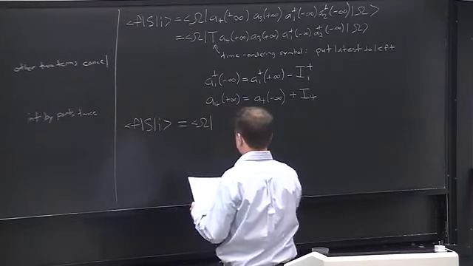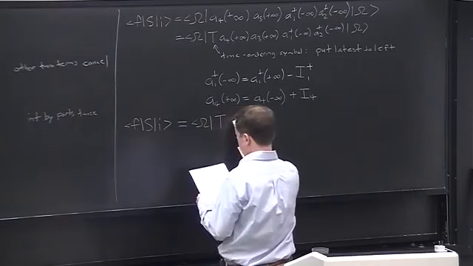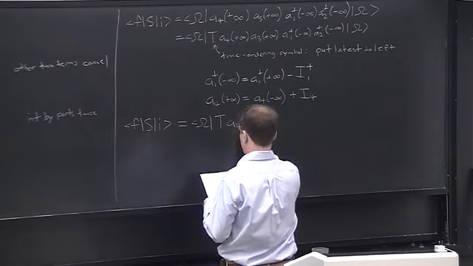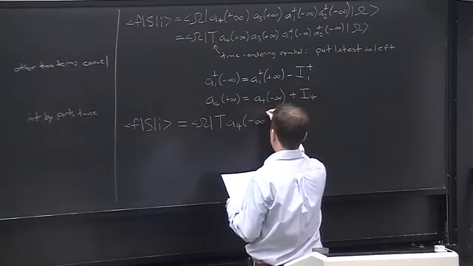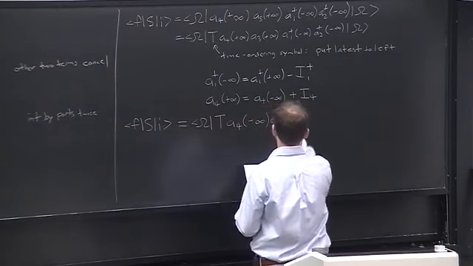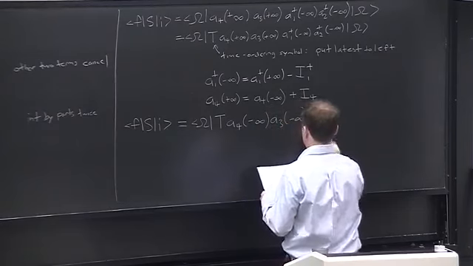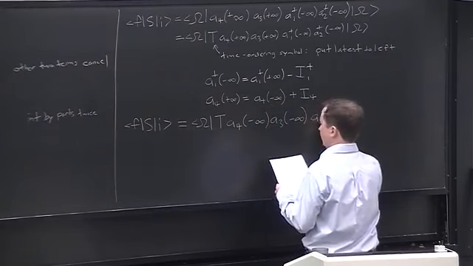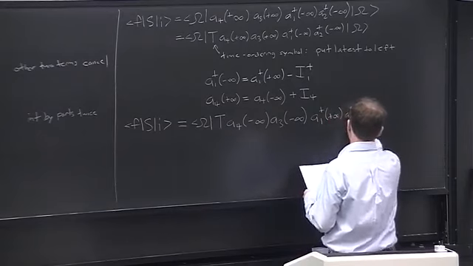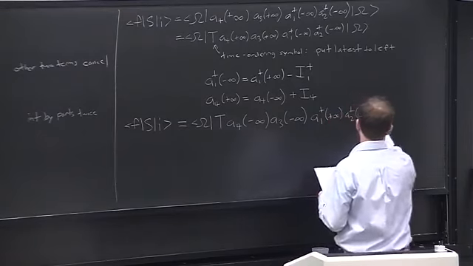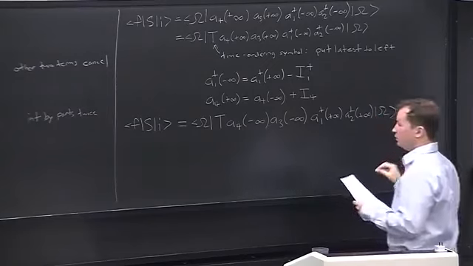The first term we'll get will be something like the time ordering of A4 at minus infinity, using this identity, A3 at minus infinity, A1 at plus infinity, and A2 at plus infinity. So that's the first term.